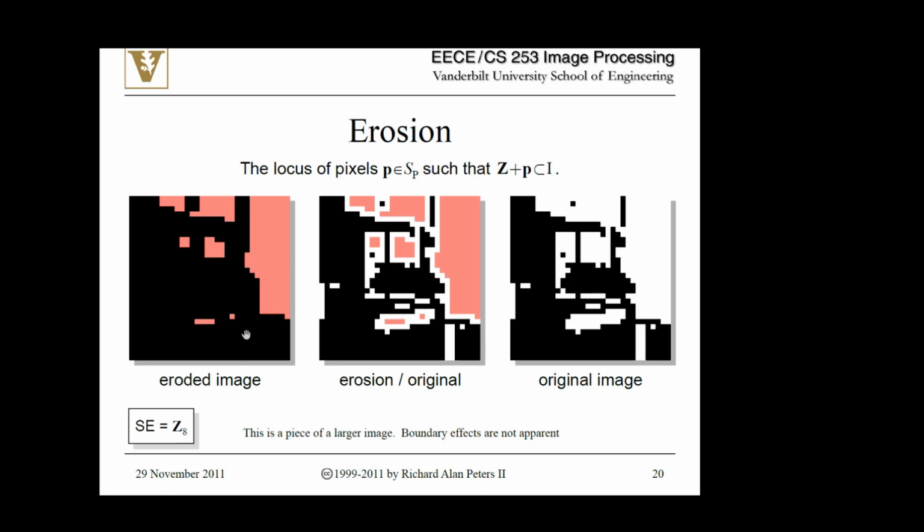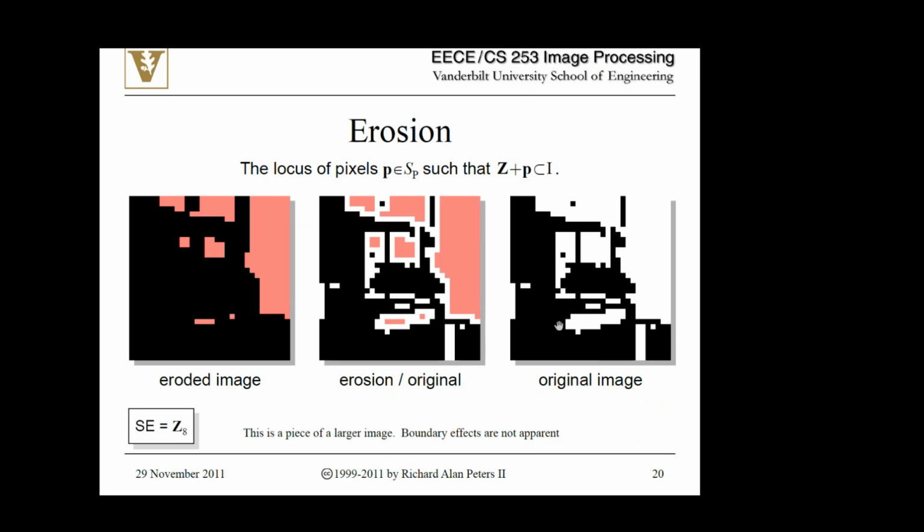Let's see this point here. If I shift the kernel to this location, the kernel is not fully included. So I don't keep this one, and I don't keep this one. None of these points contain the kernel.